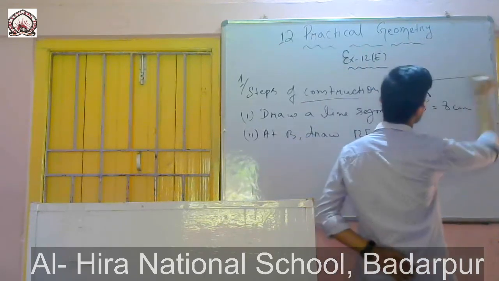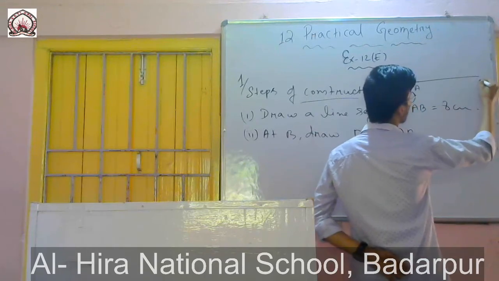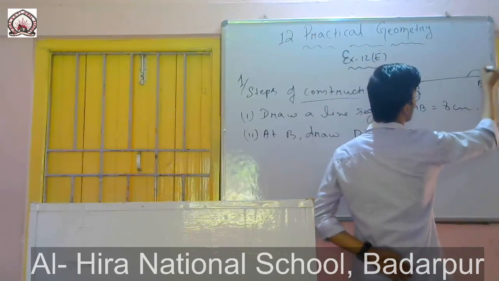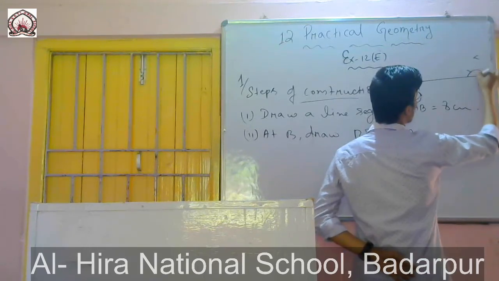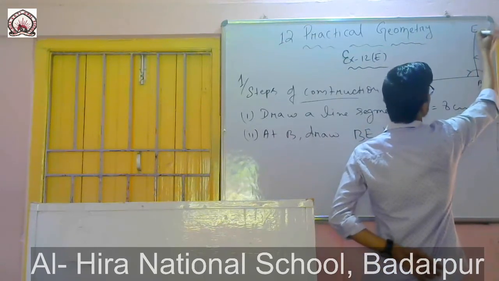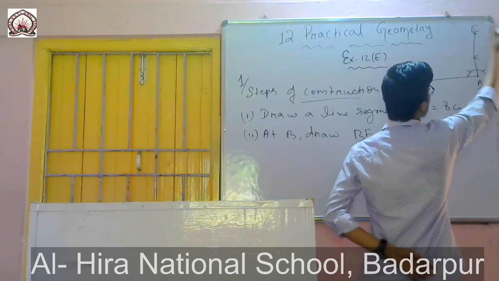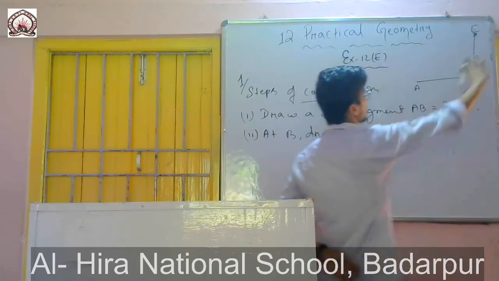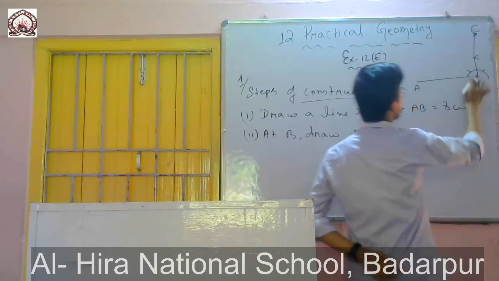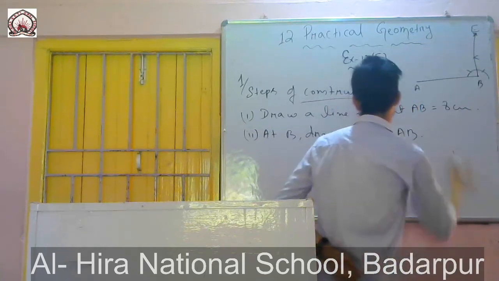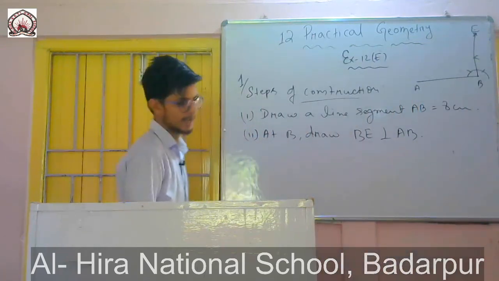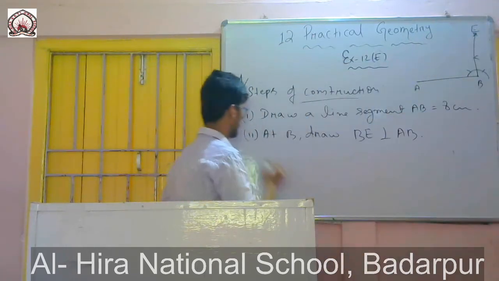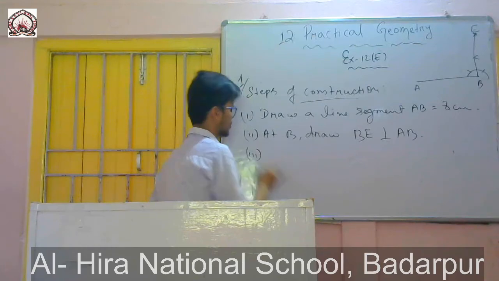First of all, we have drawn the line segment AB. Then at B we have drawn the perpendicular. You name it as point E somewhere there. So BE is perpendicular to AB. You name this point as E. The point is not given while doing construction.